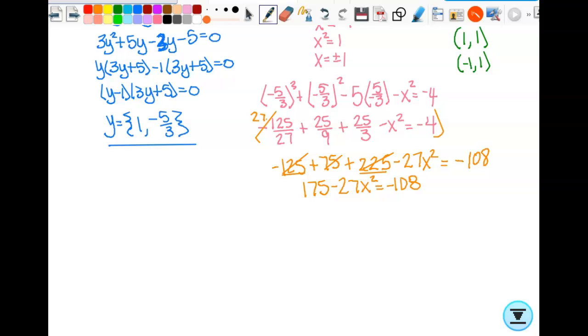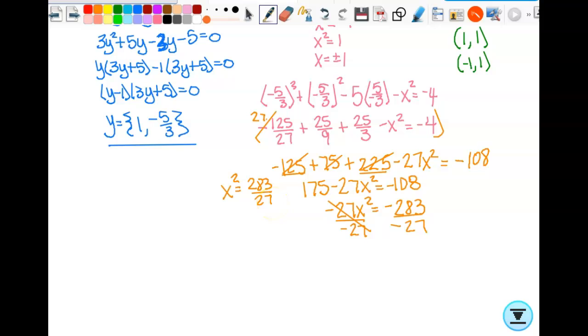So then I subtract 175 from both sides, so I get negative 27x squared equals a negative 283. Yes? Then I divide both sides by a negative 27. So those will cancel out. So x squared is equal to 283 over 27.